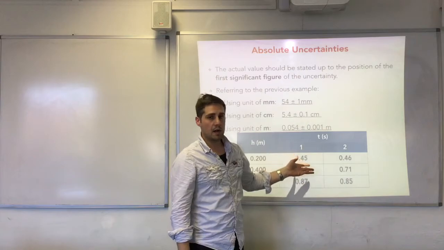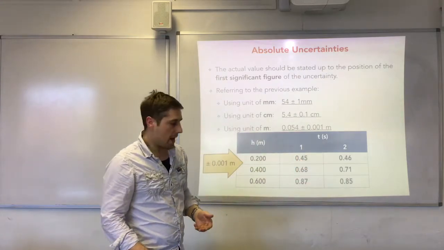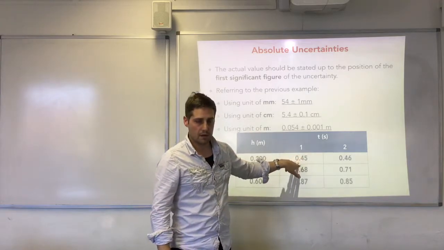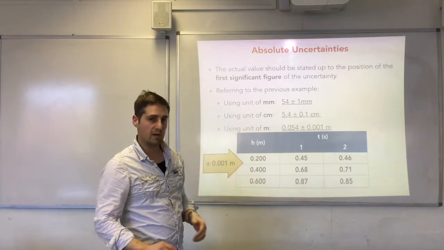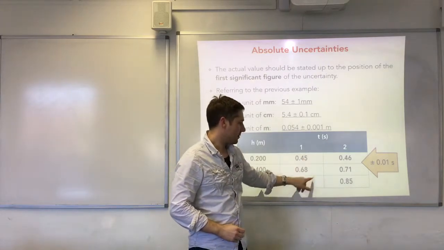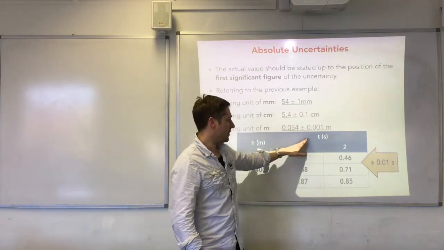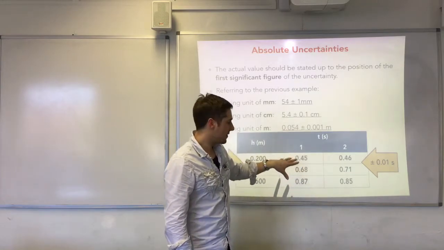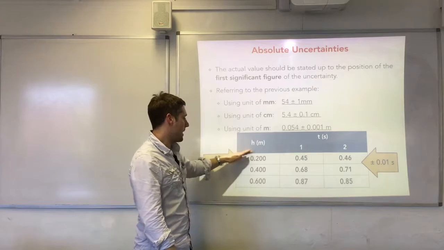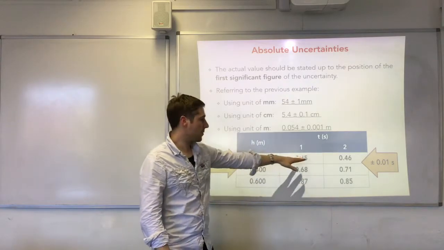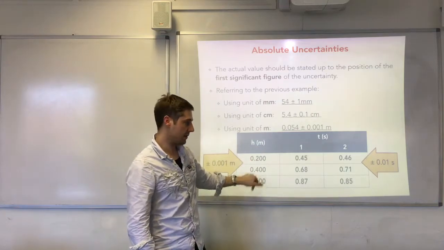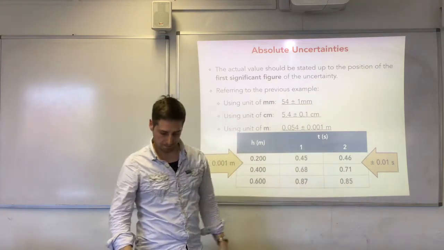And then I've got these time values over here. And these, I'm indicating the uncertainty as plus or minus 0.01 seconds. They've all got 2 decimal places, okay? So these are all measured with the same measuring device, so they should have the same level of precision, the same uncertainty. And these are different to the time values, but they're all consistent with each other. The heights are consistent, the times are consistent.